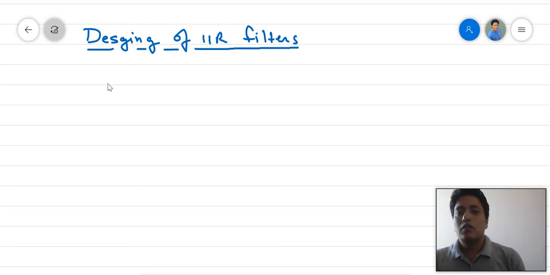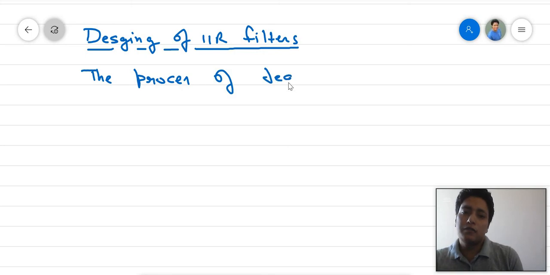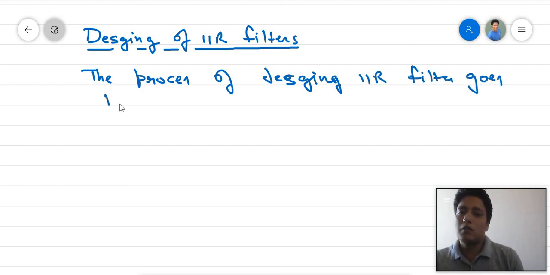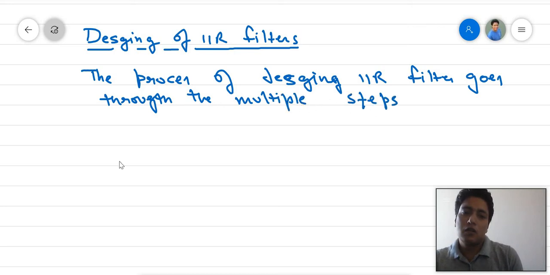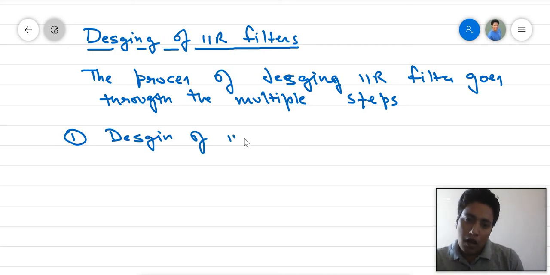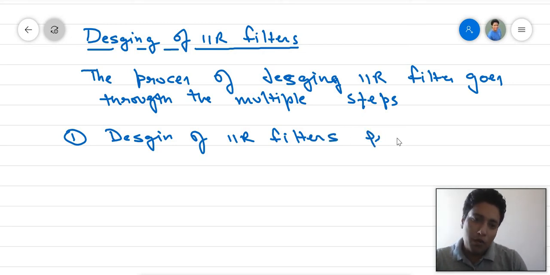Now the process of designing an IIR filter goes through multiple steps, and those are: first, design of IIR filters from analog filter.